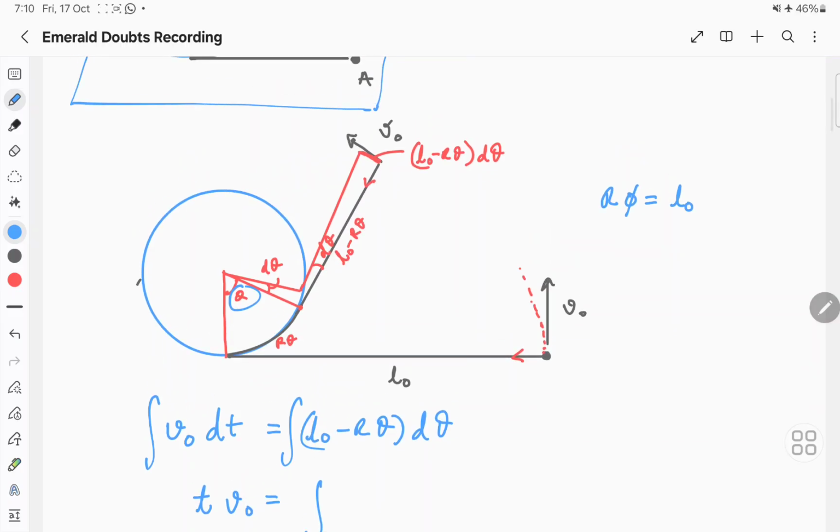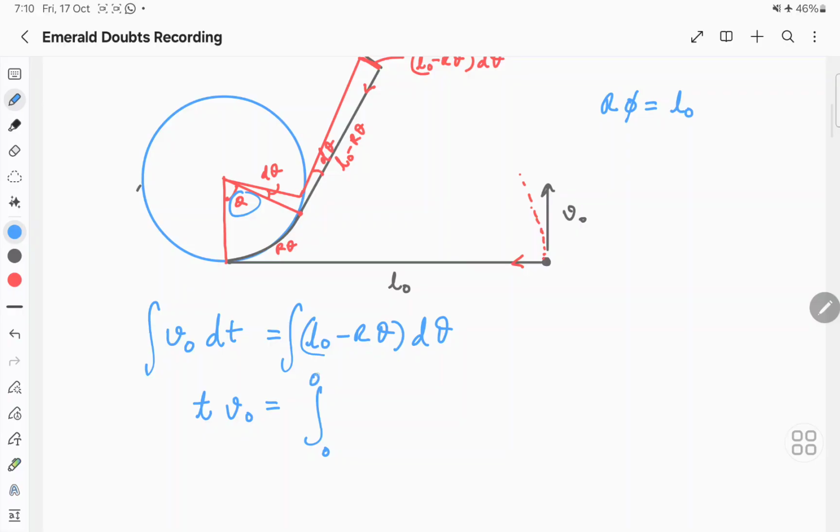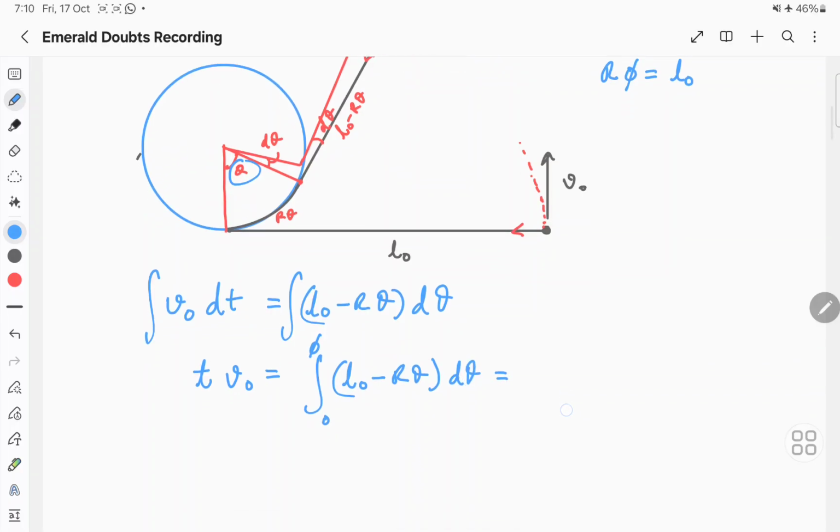So the integration of theta will go from 0 to phi, L naught minus r theta into d theta, which is L naught theta minus r theta square by 2, putting the limits.